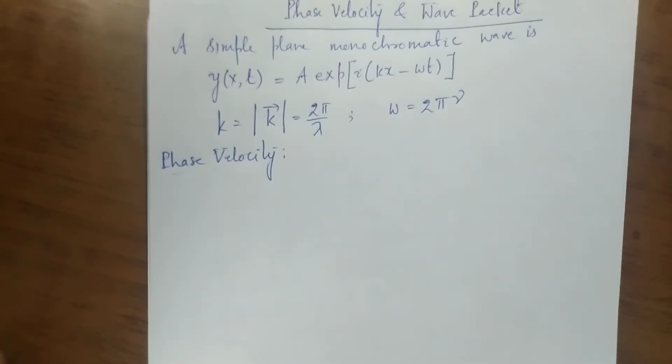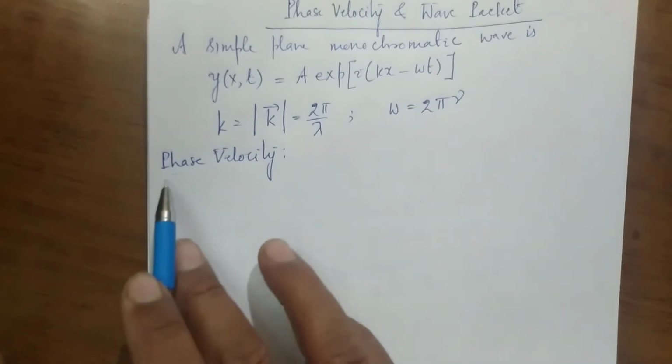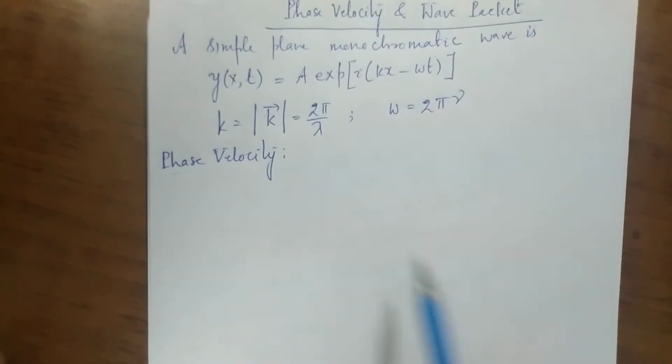If we choose any circle, then water molecules on that particular circle are vibrating in the same phase, which is constant. And the velocity of the water molecules having that constant phase is known as the ripple velocity. Similarly here, for a point of constant phase, we have to calculate the velocity, and the velocity of that point is known as the phase velocity.